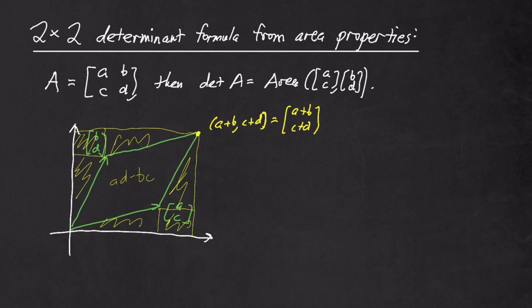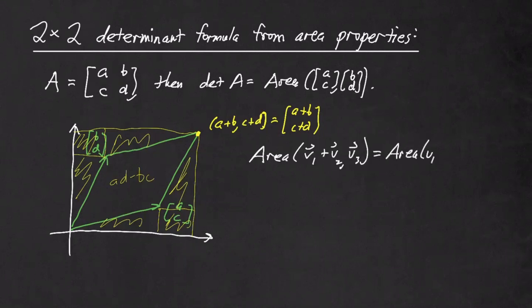And remember, I just want to use a couple of the properties we talked about. So the first property was that if we have vectors, something like this, the area formed by V1 plus V2 and V3 is the same thing as the area formed by V1 and V3 plus the area formed by V2 and V3.